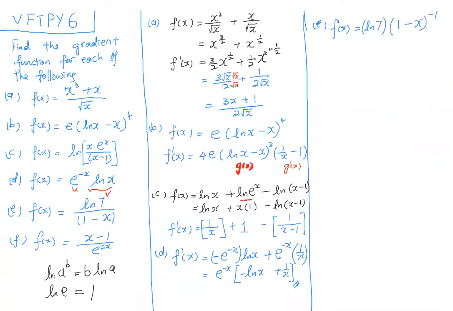Can you tell me how to get the answer? Amanda, ln 7 is a number. Its derivative is 0, so you don't have to differentiate. You are not using product rule, you are using chain rule.